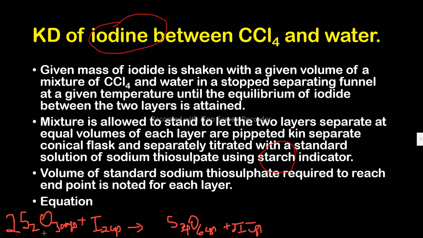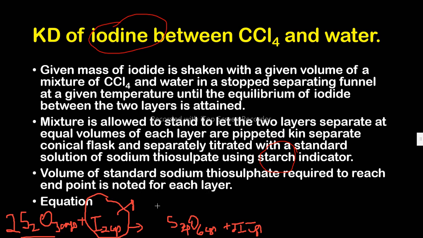So from this equation, guys, you have the mole ratio, you know the volume, then you can determine the moles of iodine in the 2 layers. And then if you know the moles of iodine, then you can determine the concentration of iodine in the 2 layers.